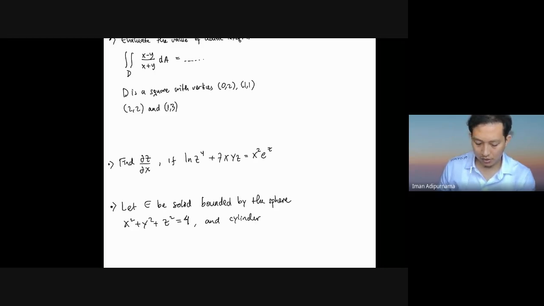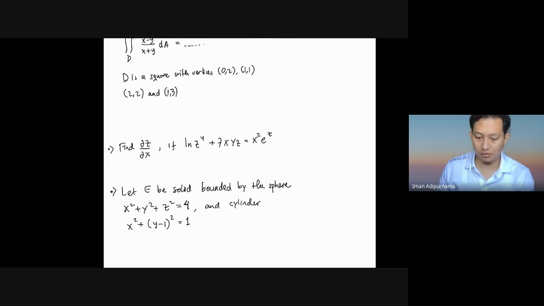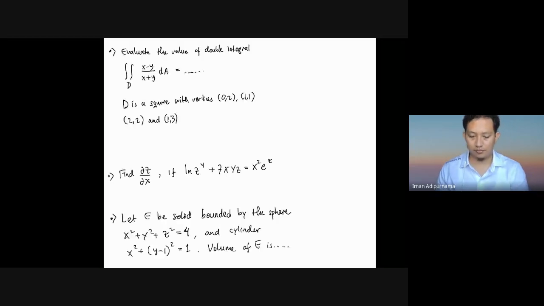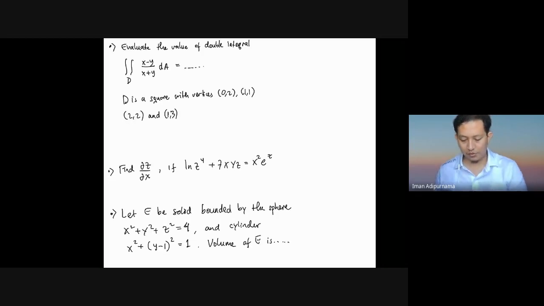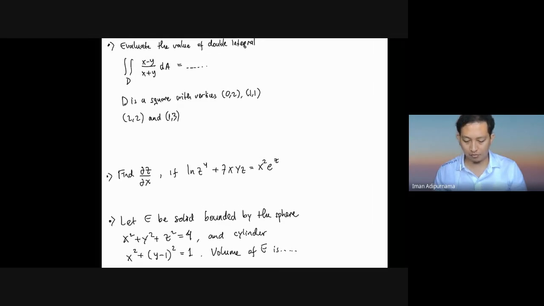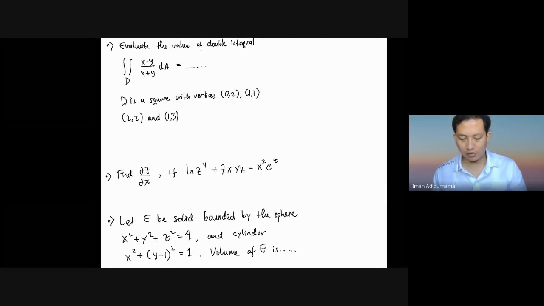The cylinder is x squared plus (y minus 1) squared, that's the circle equation. The question is, the volume of E is? Okay, I hope you can read the questions. Is it clear? So you can start to work on these three questions.